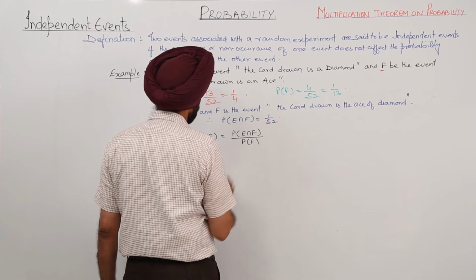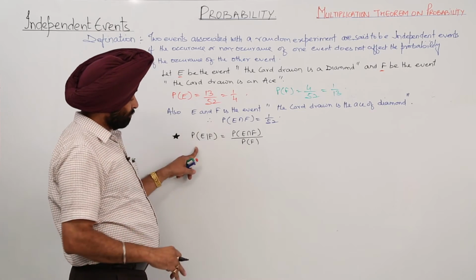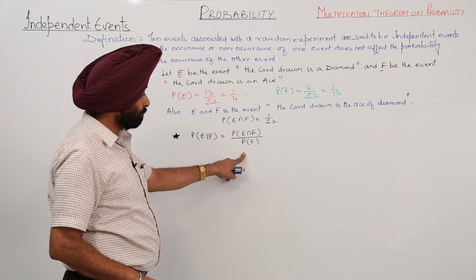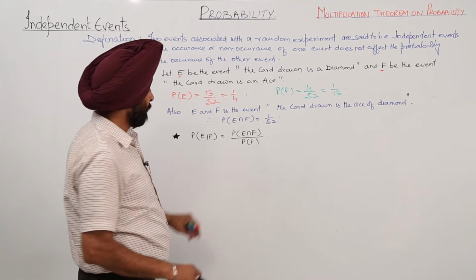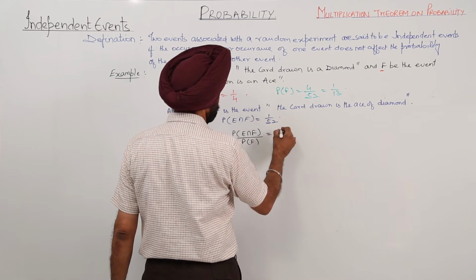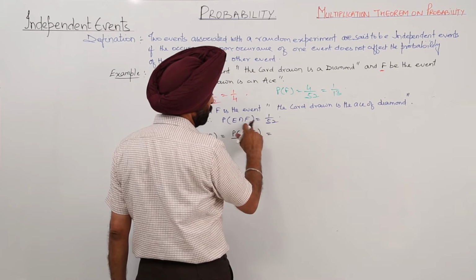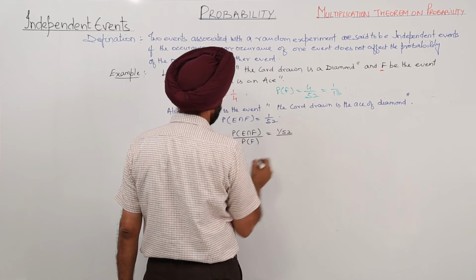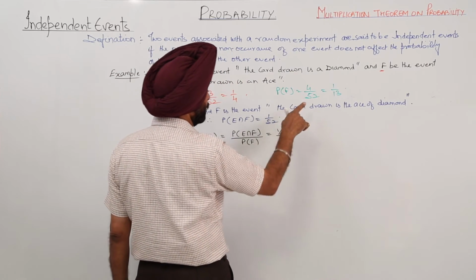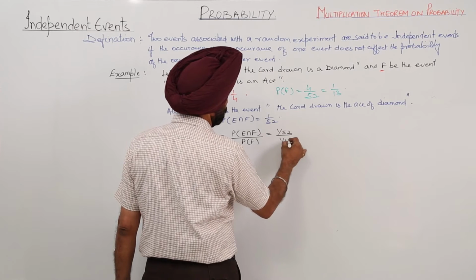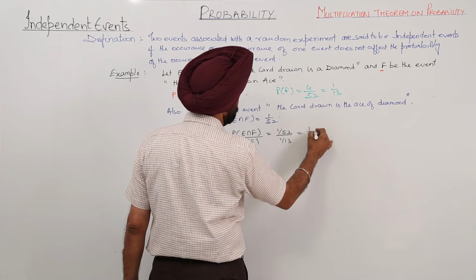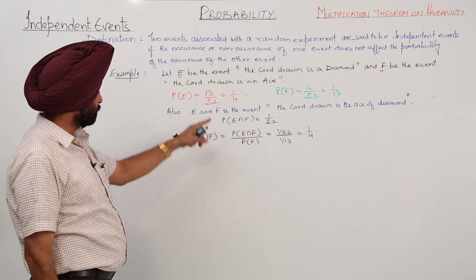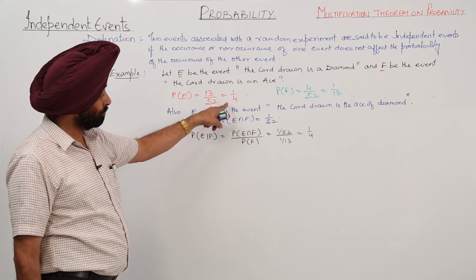So P(E oblique F) means P(E and F) upon the probability for F. The probability for E and F is 1 upon 52, and the probability for F was 1 upon 13. On solving, this becomes 1 upon 4. Where is 1 upon 4 here? It is P(E), that is 1 upon 4.